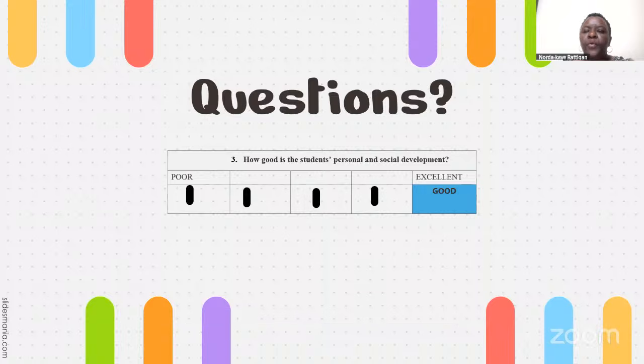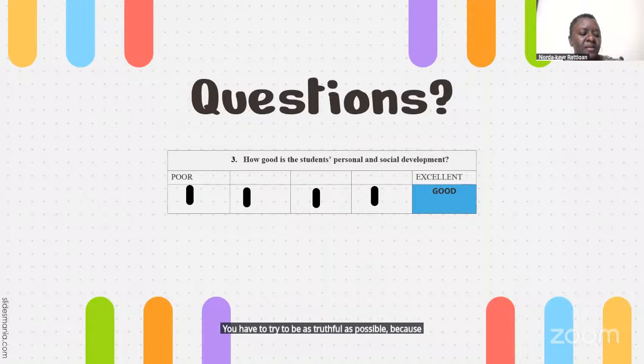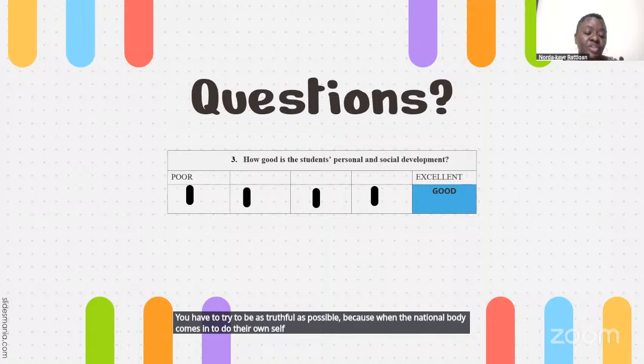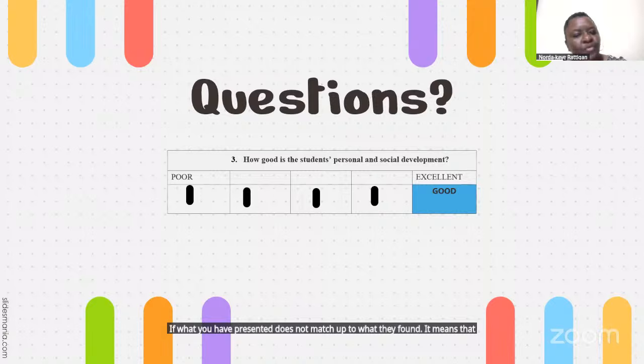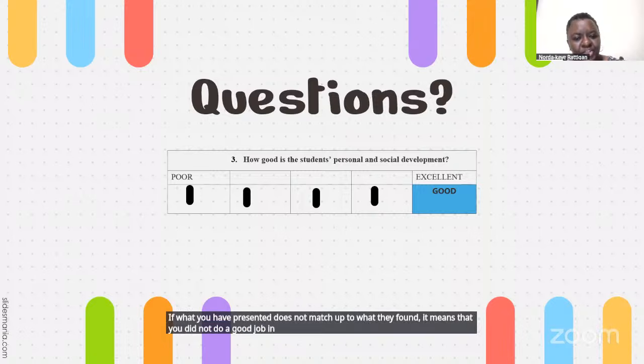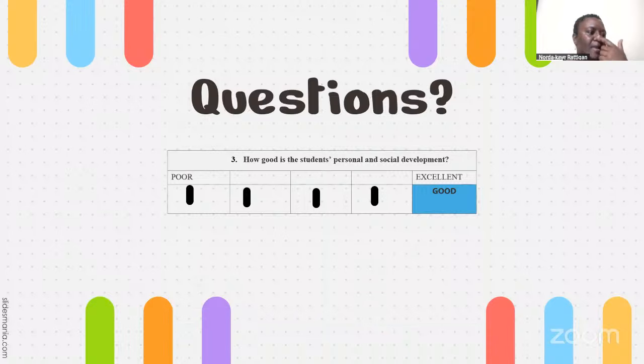As I said, you have to try to be as truthful as possible, because when the national body comes in to do their own school self-evaluation, if what you have presented does not match up to what they found, it means that you did not do a good job in your self-evaluation. So I would say be brutally honest.